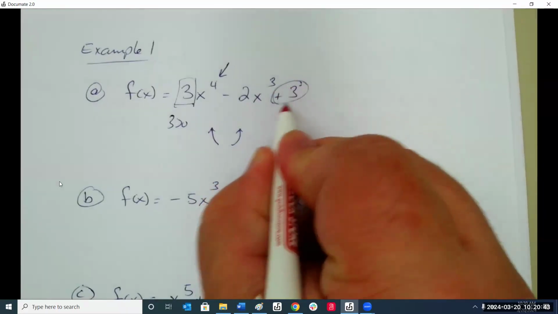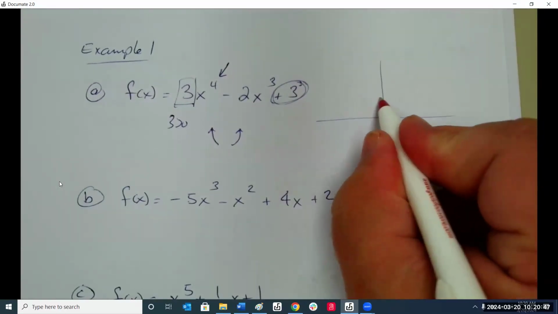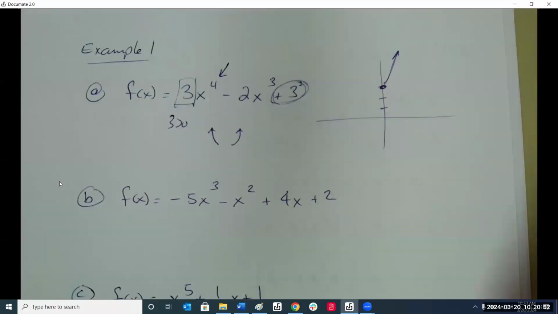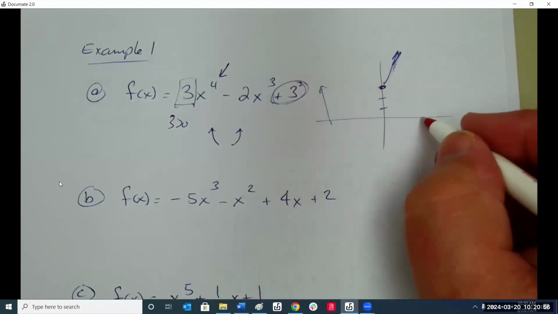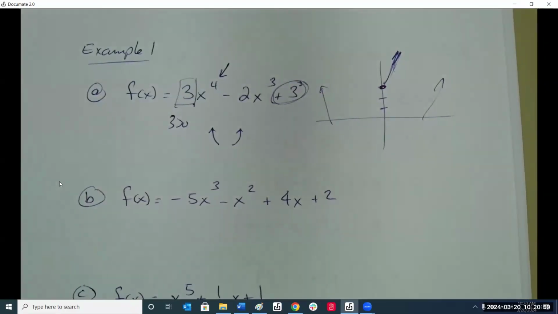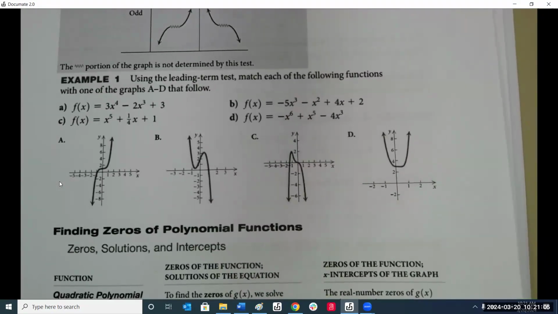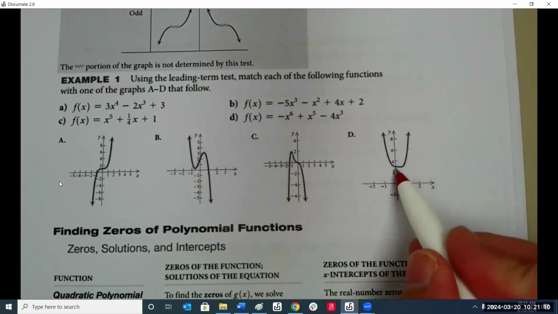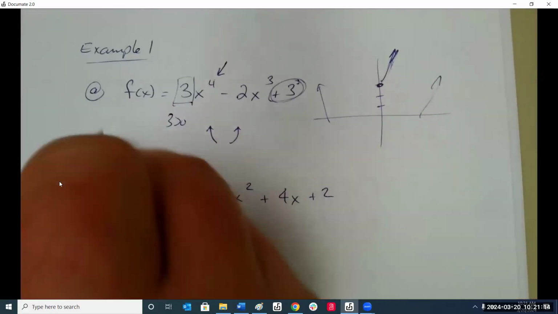The y-intercept, so the graph crosses at 3. And we know the end behavior has to be going up. So out of these 4 graphs, which one has that possibility? The only one that goes up in both directions and crosses at 3 is D. So this first one has to be D.